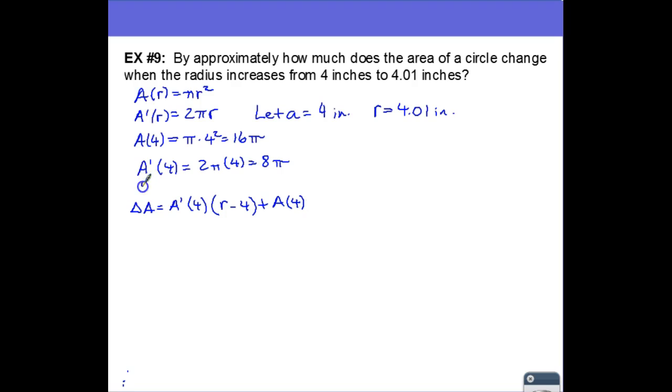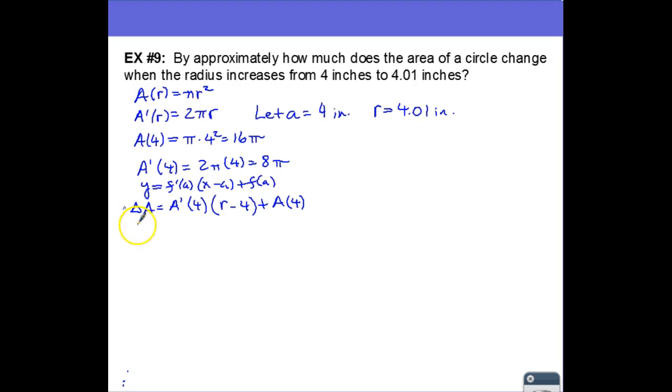So do you recognize this as our tangent line? This is y equals f prime of a times x minus a plus f of a. So this is the very same formula that we've been using. We've just changed the variables that we're using to fit this problem.